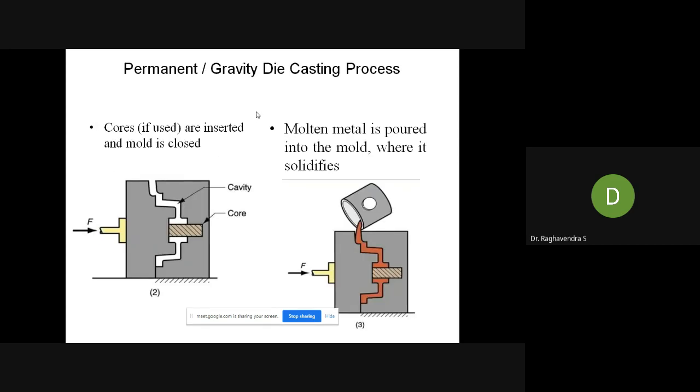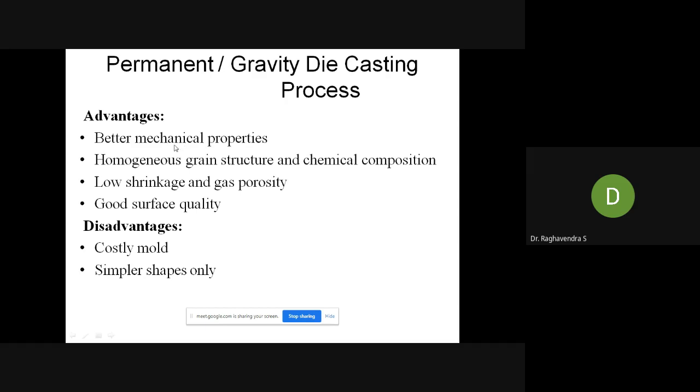In that, this is the figure here. Can you see the second figure, where the two molds are closed and in between there is molten metal? So the advantages: better mechanical properties, homogeneous structure, low shrinkage, good surface quality. All these things are good. These are general advantages you can write for all the processes that use a permanent die cavity, maybe pressure die casting, centrifugal casting.